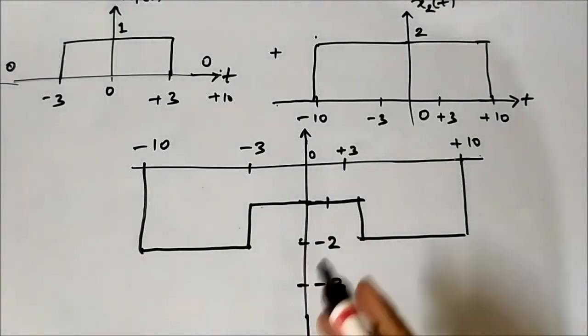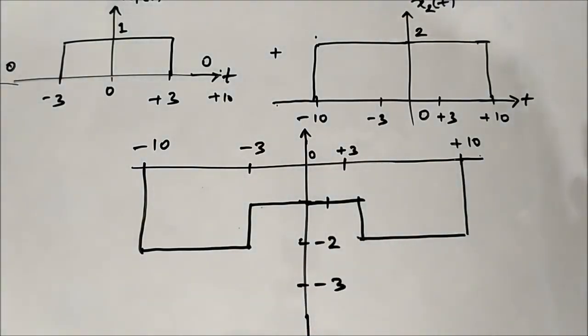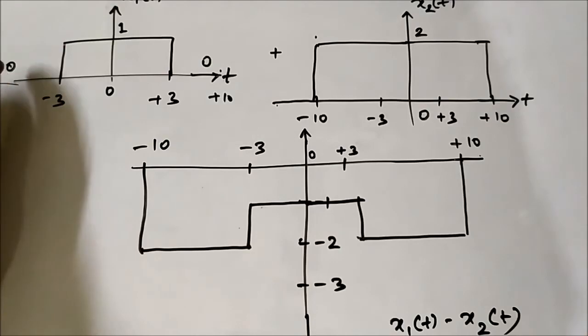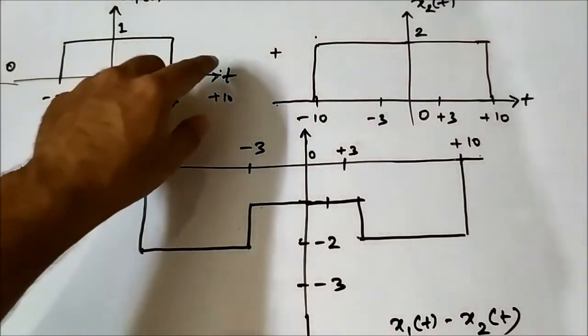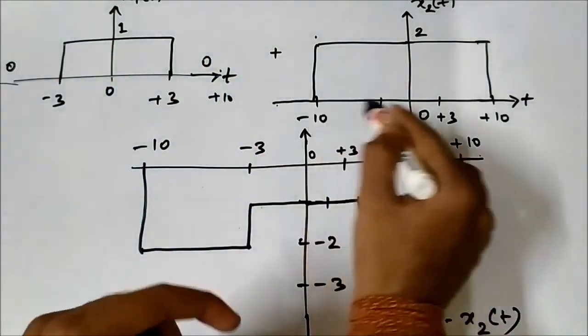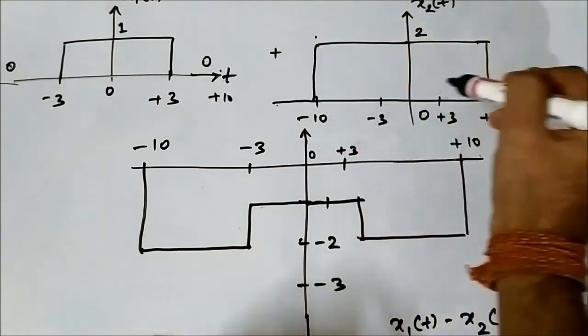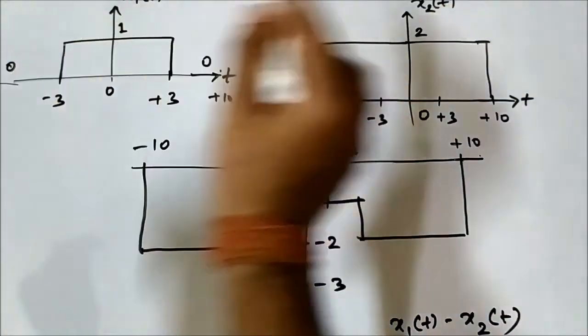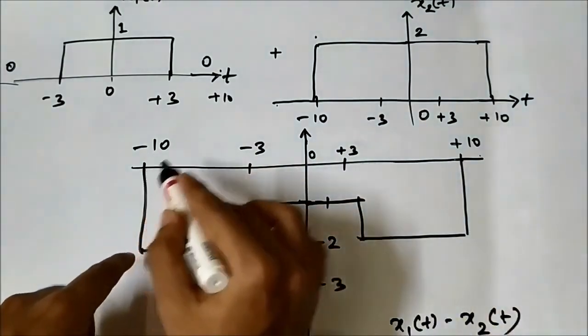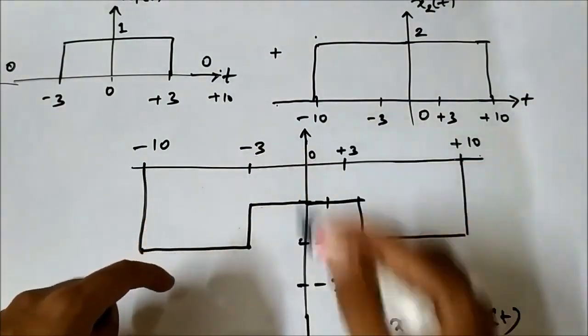So this is the shape of the signal x1(t) minus x2(t). From -10 to -3 it is 0, from +3 to +10 x1(t) is 0. So in between that duration, this is 2, so 0 minus 2, -2, from -10 to -3 and +3 to +10.